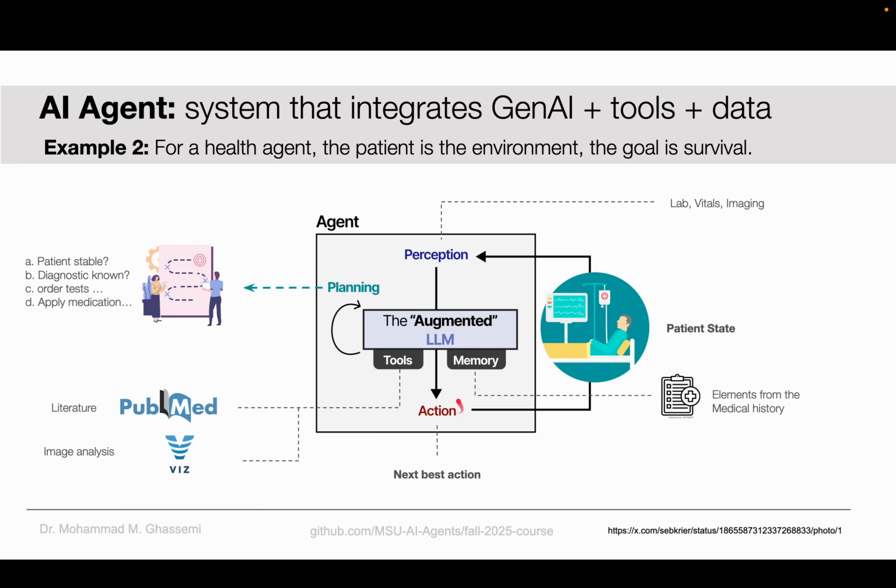So that ultimately it can create an action. In this case, what should I do to help the patient survive? So there's a clear parallel here, right? Both systems are performing perception and planning to generate actions, and the way they're doing that is with a generative AI system, as well as some tools and some memories.